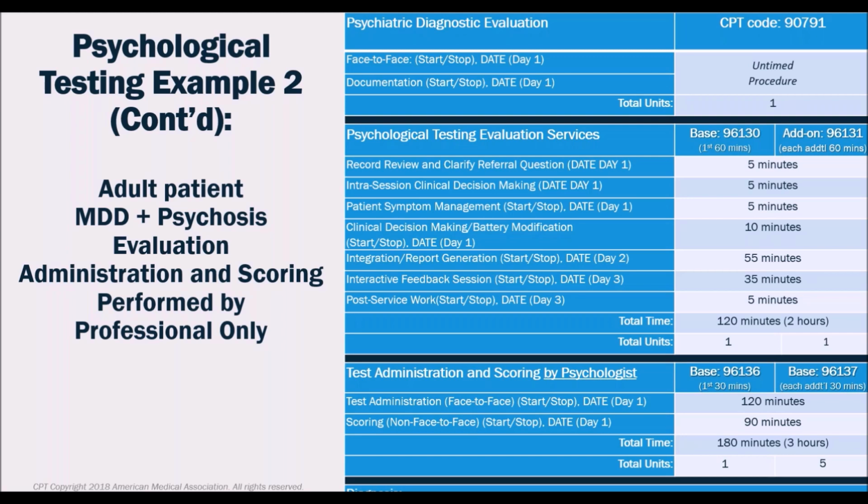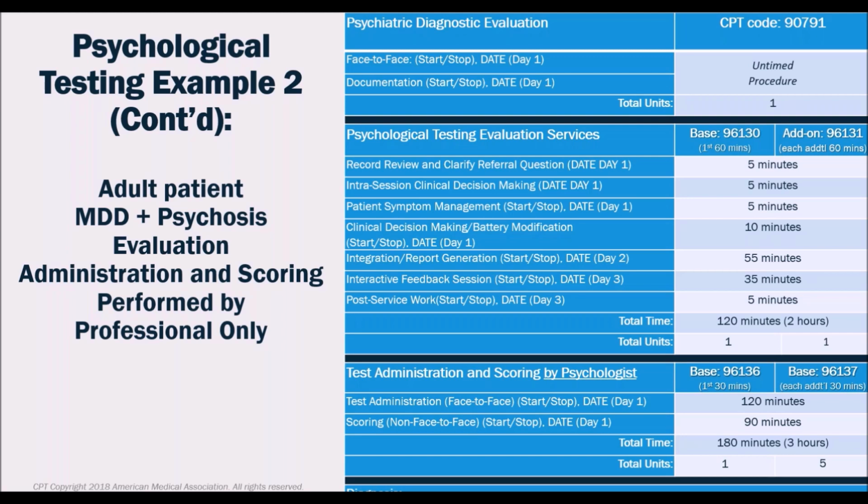During the evaluation, you may have your own decision-making algorithm about when you need to explore something further by adding a different test. So that's the clinical decision-making and battery modification within the testing episode.